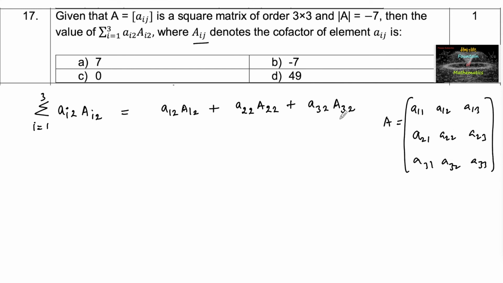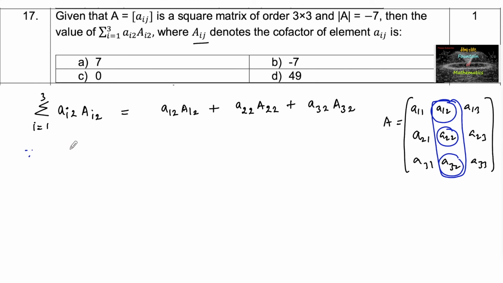Then we have a12 into cofactor of a12, so here is an element multiplying with its cofactor, then again a22 into cofactor of a22 and again a32 into cofactor of a32. It's nothing but the second column elements with respective cofactors, and you're finding the sum.